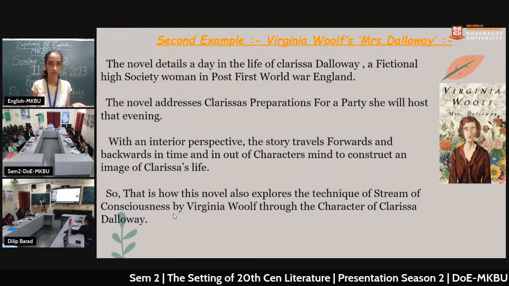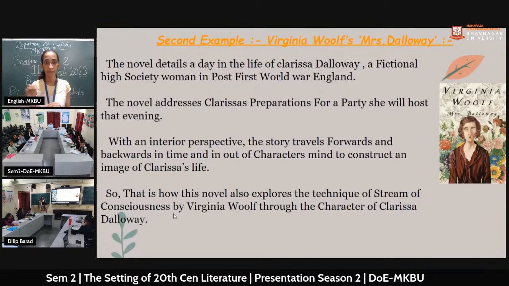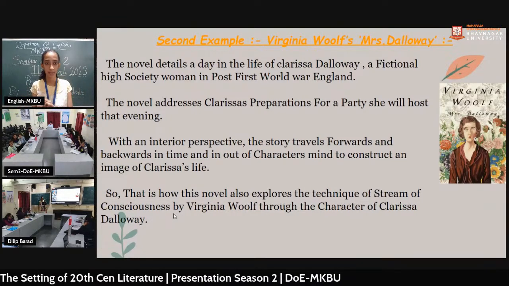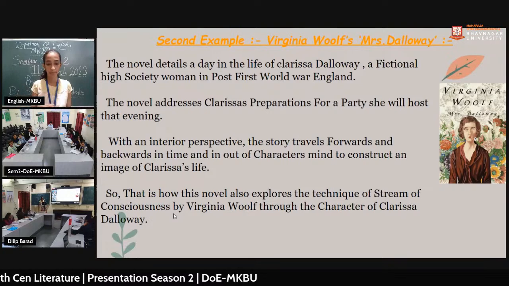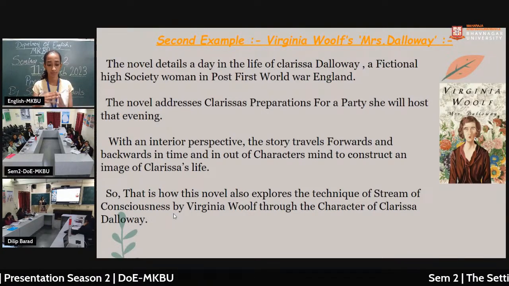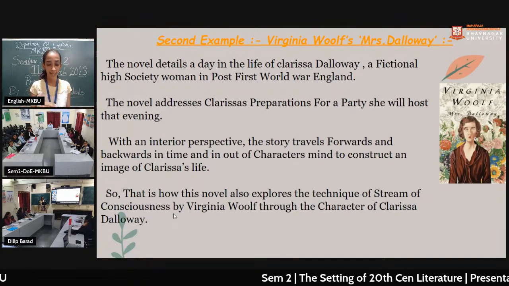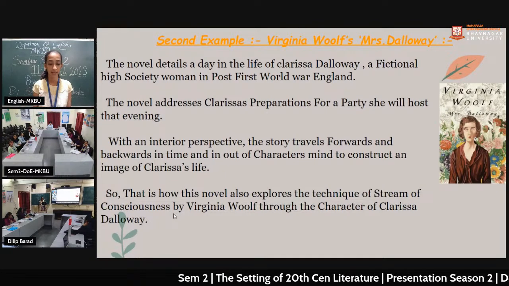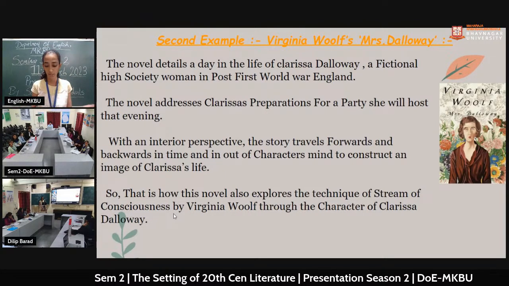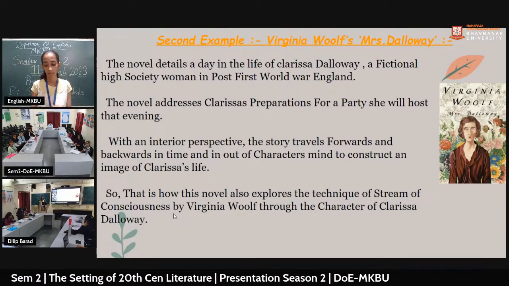At one time she goes back to her past memory, and after that she comes back into her present. So that is how Virginia Woolf succeeded in the best way in depicting the new literary term, the stream of consciousness, through her novel.